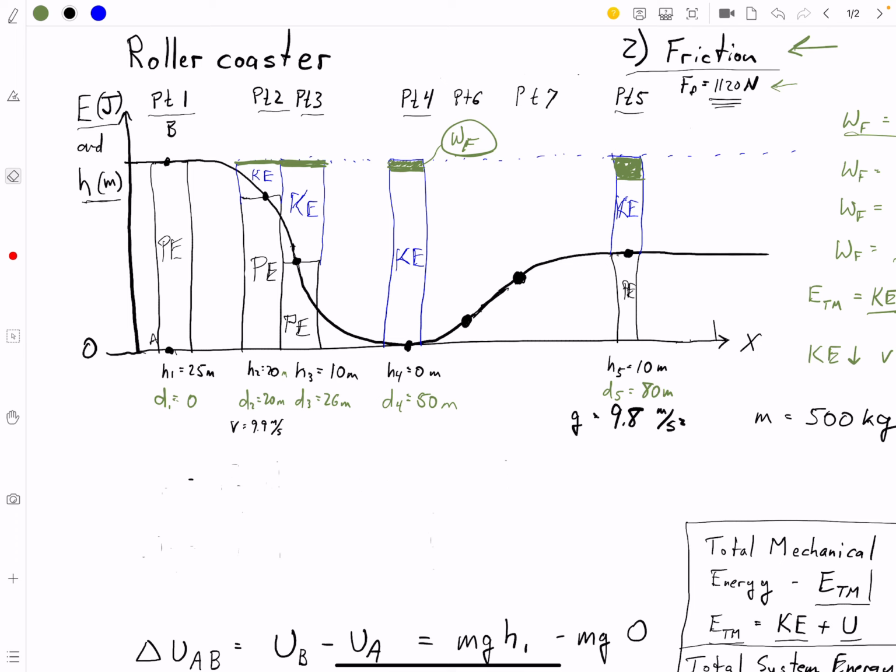Okay, so my question is, are we going to make it to 0.7 if our friction is up here? If our friction is this, are we going to make it to this 0.7?